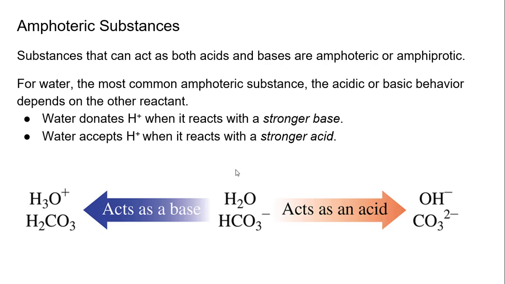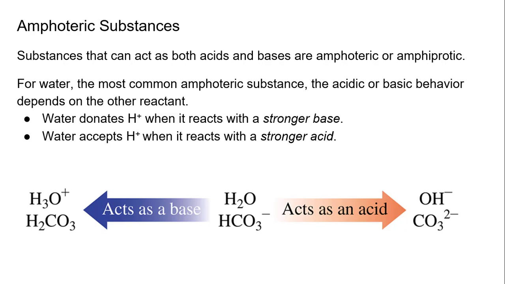Water donates a hydrogen ion when it reacts with a stronger base, because the base will take it. And water will accept a hydrogen ion when it reacts with a stronger acid. Let me see, donates to a base. Yes, I want to make sure I'm saying that right. Okay, so yes, I am.